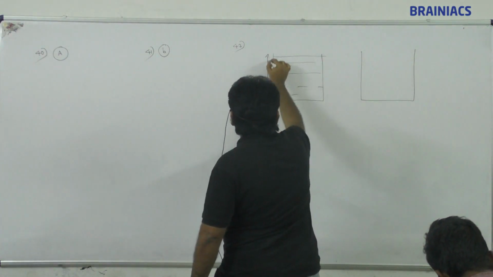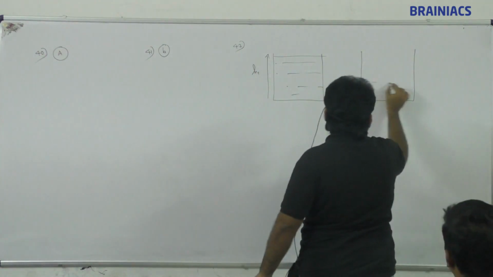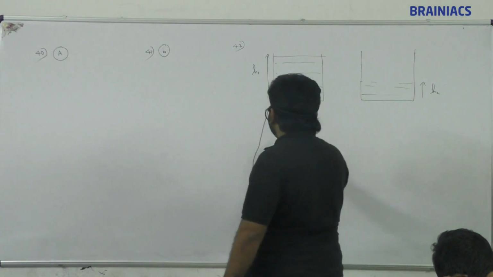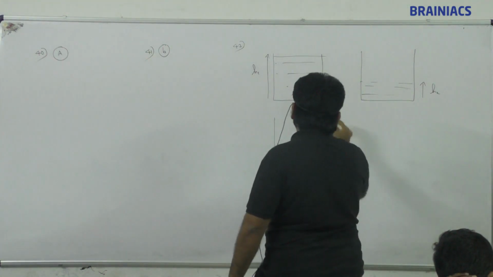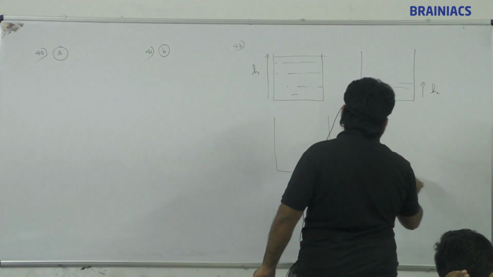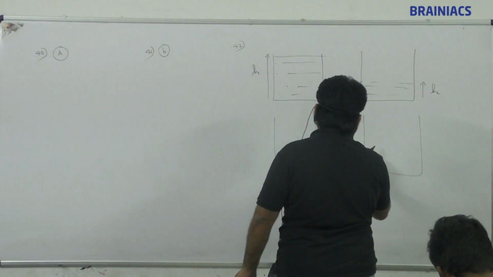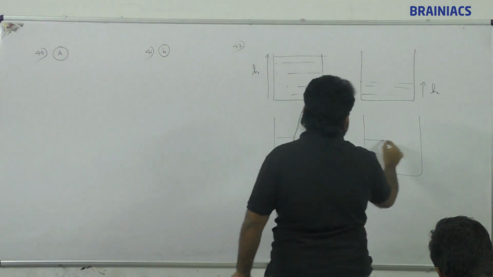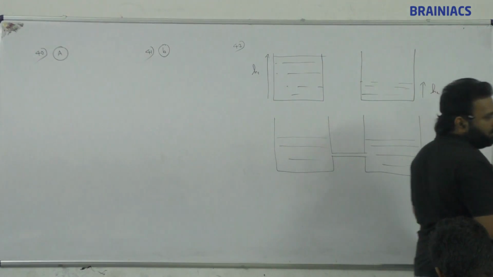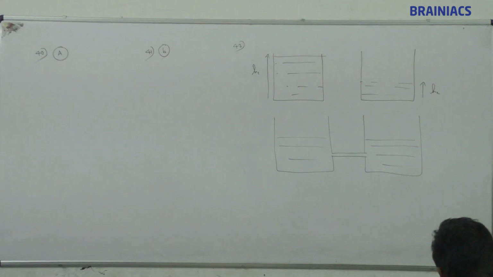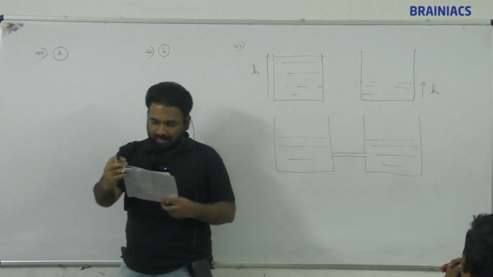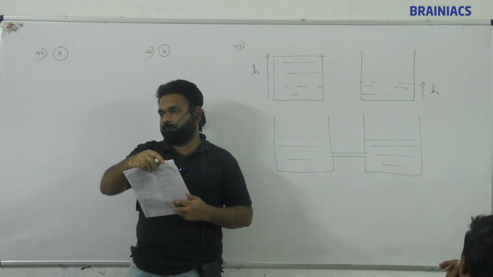Now what happens is, if we connect them, the levels become the same. So, work done by gravity in equalizing the levels when the two are connected.